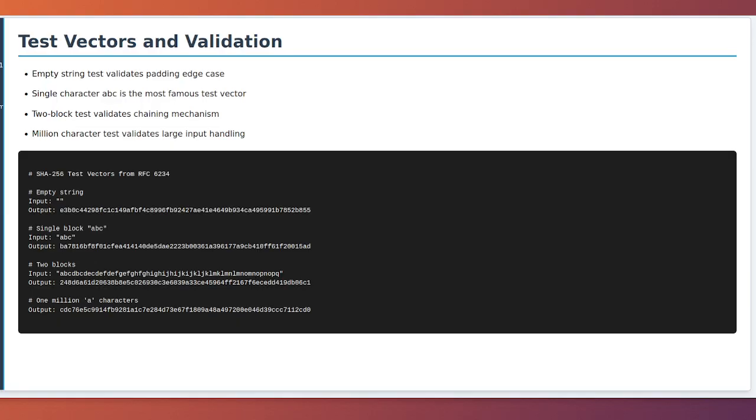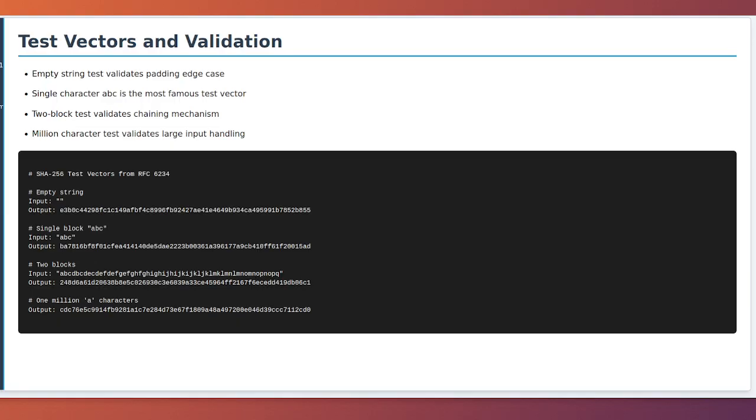This tests the chaining mechanism between blocks. There is also a million-character test where you hash the letter "a" repeatedly, testing the implementation's ability to handle large inputs. For SHA-512, similar test vectors exist but with different output lengths.